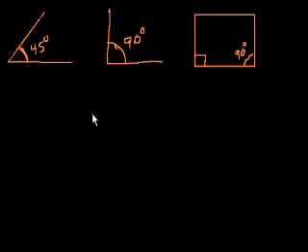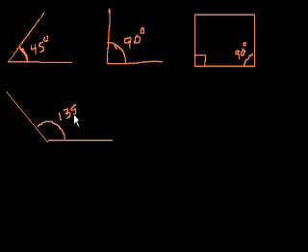And you could even get wider angles. If you go above 90 degrees, let's say I had lines like this. This would be, I'm just eyeballing it, 135 degrees or something like that. If you ever want to really measure the angles, you can use something called a protractor.